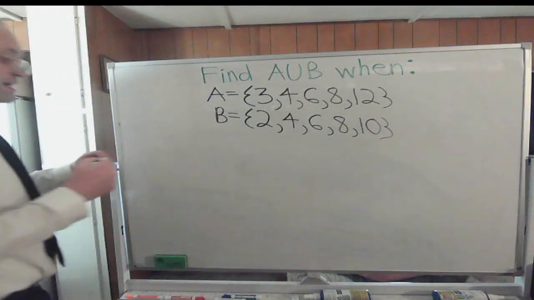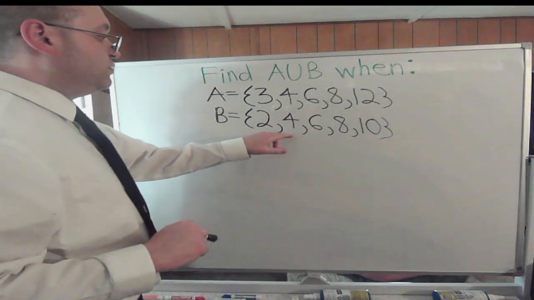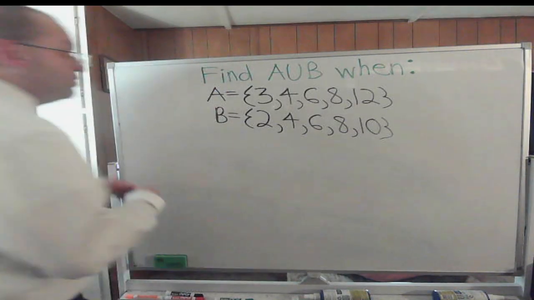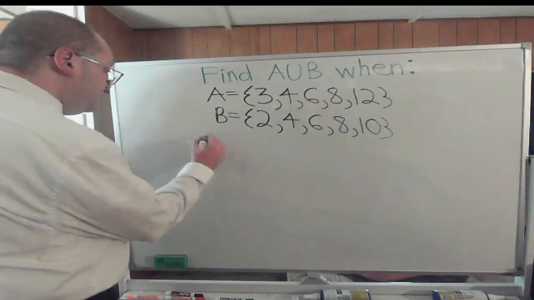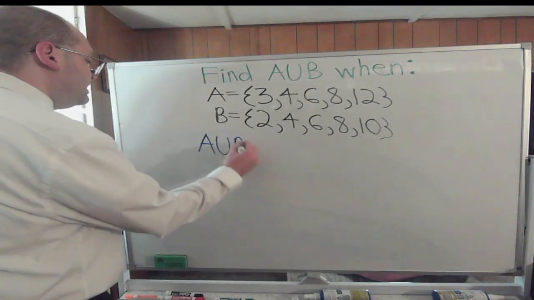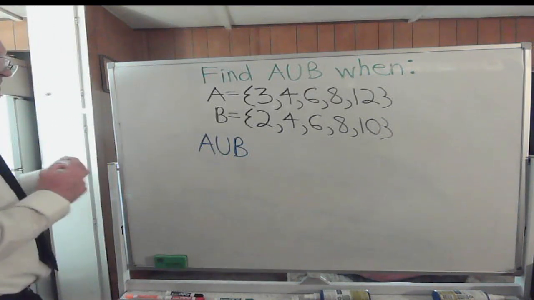So set B has members 2, 4, 6, 8, 10. Again, right now we're going to stick with A in union with B.